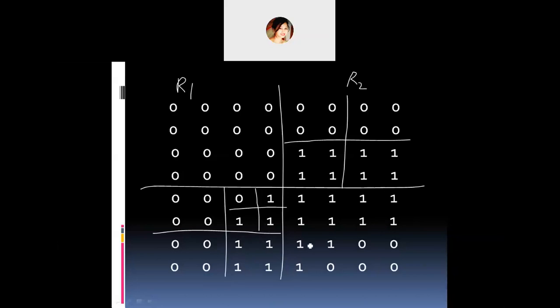This should also be untouched because these are similar values. Go on with the last quadrant, R4. This is similar, don't touch it. This is also similar, don't touch it. But this one we are dividing because there is a different node here. So this is about region split.